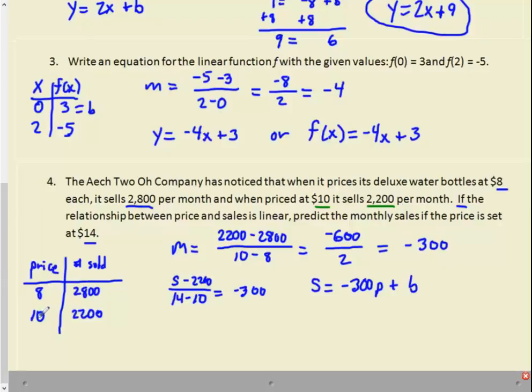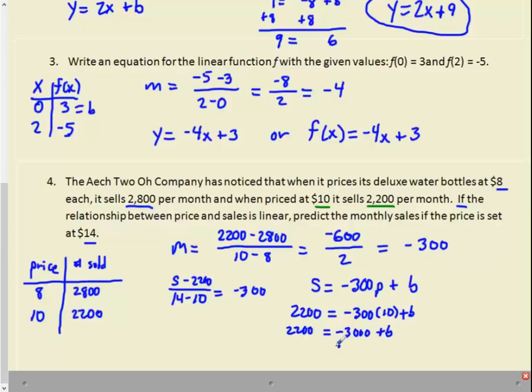Let's use the case of $10 giving us 2,200 sales. So we have 2,200 is equal to -300 times 10 plus b. Or in other words, 2,200 is equal to -3,000 plus b.